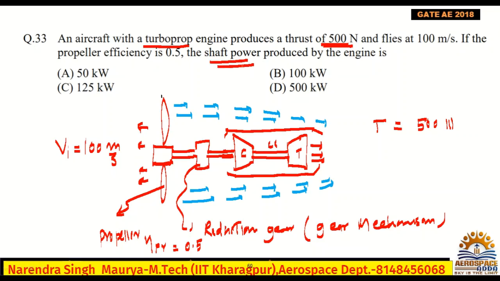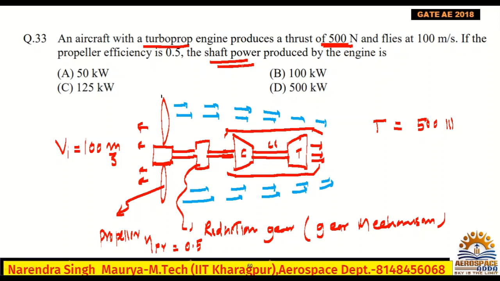Obviously shaft power will come, because through the shaft the propeller is rotating, and the gas generator means compressor, combustion chamber, and turbine. That propeller is connected with the shaft, so definitely shaft power will come into the picture. Now they are asking what is the shaft power produced by the engine.